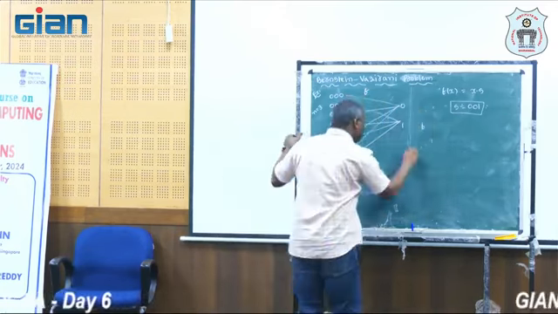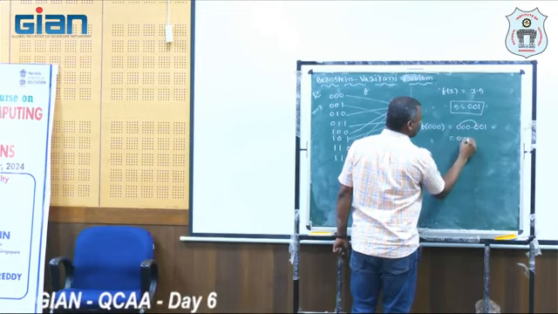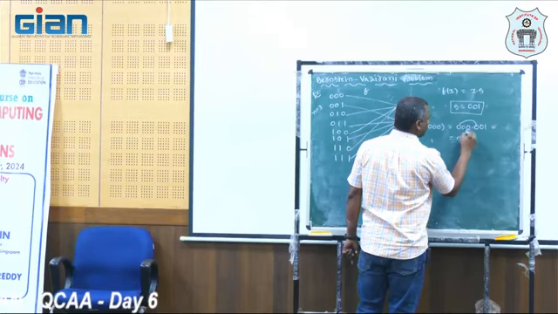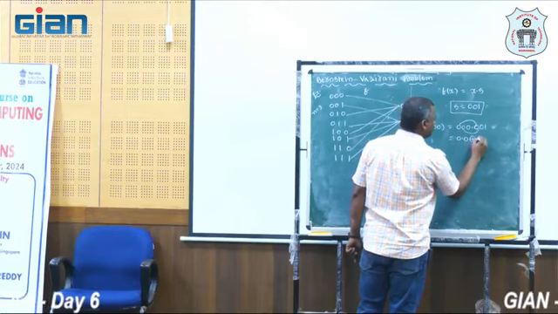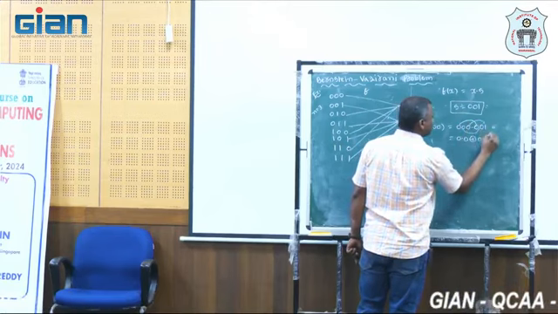Then 0 into 0, this 0, this 0, XOR this 0, this 0, XOR this 0, this 1. What is this finally? 0. All zeros means directly it is 0. We need not even do that. This 0 is matching. This is correct.